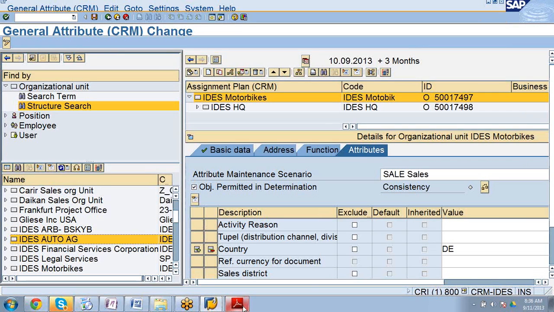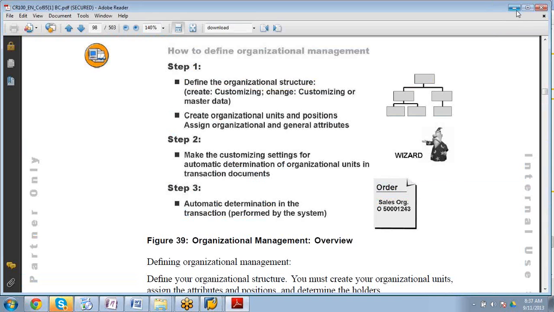Explain to me functions, attributes, positions, employees, users for these examples. Tomorrow before the class, each one will be explaining this to me.